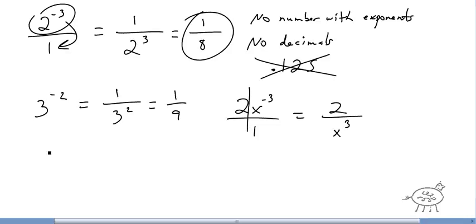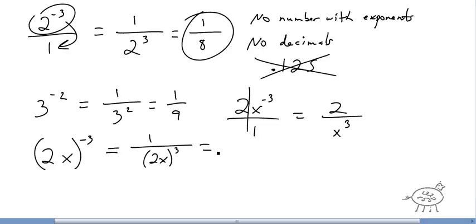All right, so what about (2x) to the negative 3? Now, what's touching that negative exponent? The 2 and the x. So this is the deal. Everything is touching it, so I'm going to move the whole thing down to the bottom. It becomes positive 3. Now I need to finish it up here.